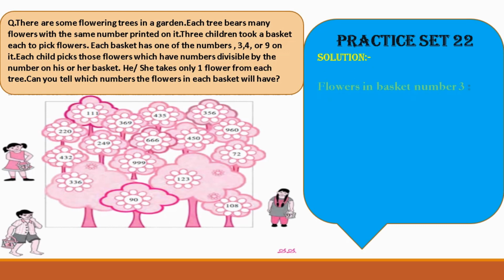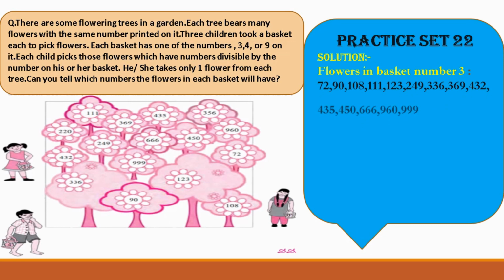Flowers in basket number 3 will be 72, 90, 108, 111, 123, 249, 336, 369, 432, 435, 450, 666, 960 and 999. You can observe the diagram here.